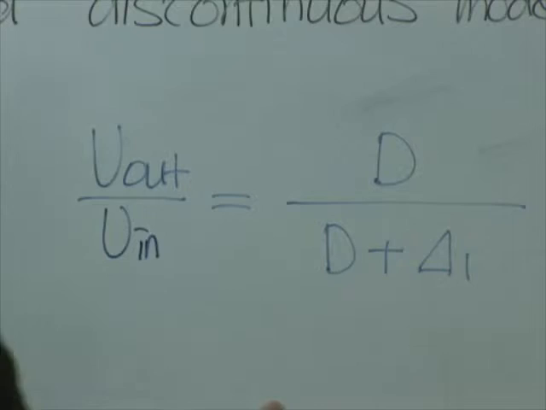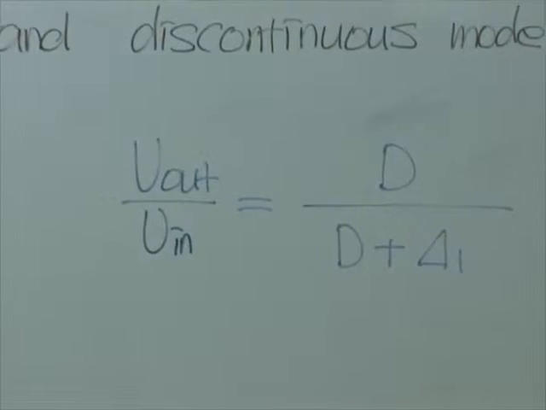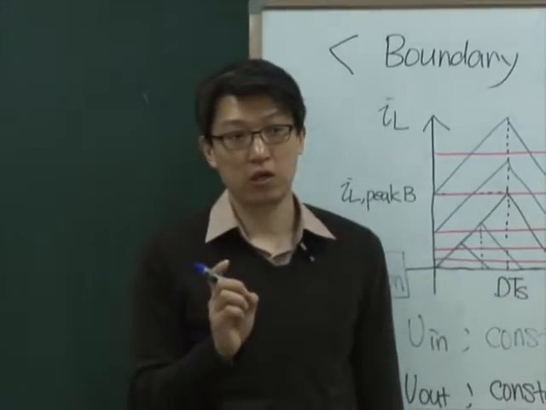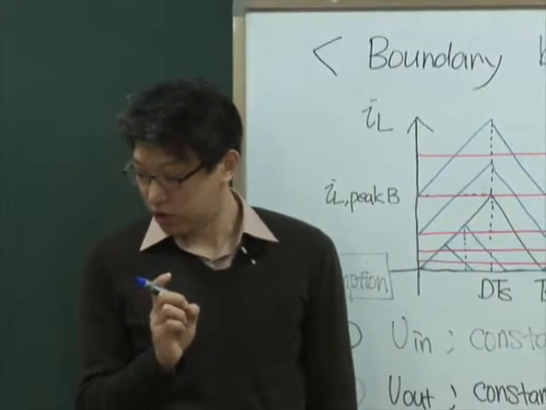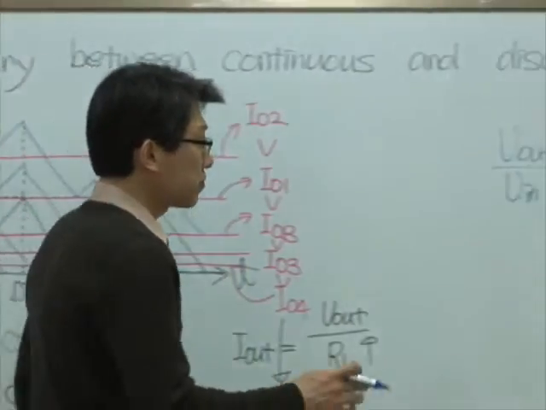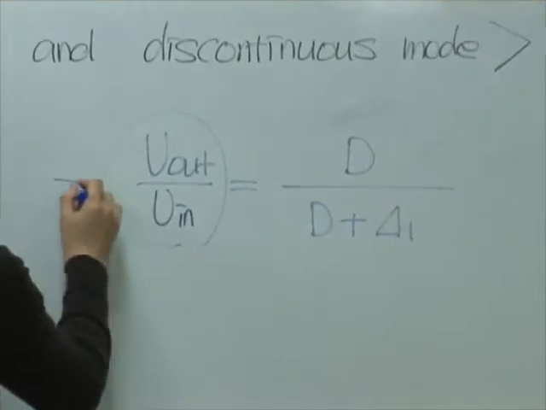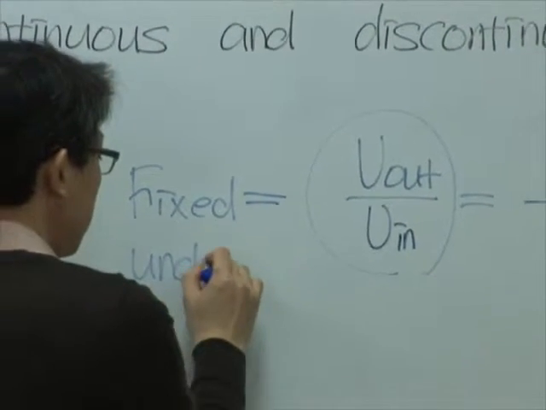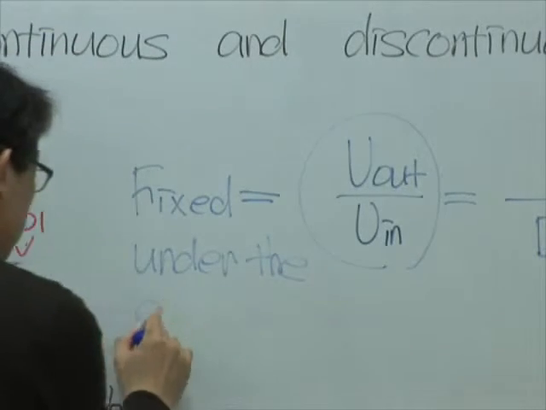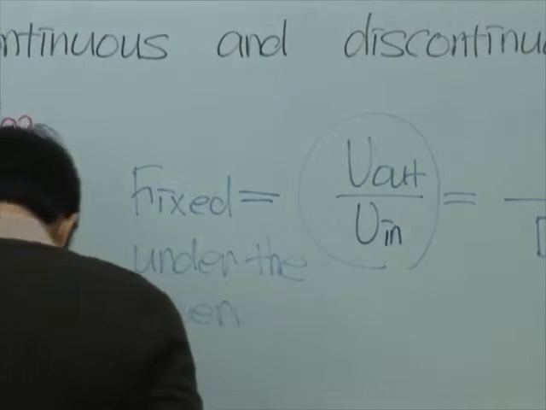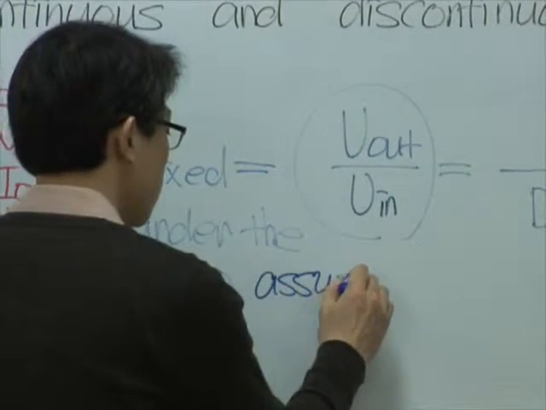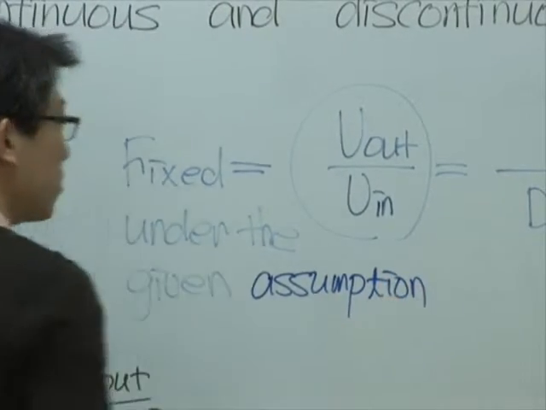Delta 1 is the ratio of off mode during the discontinuous conduction mode. Okay? So, this is fixed in this case, under the given assumptions. Okay, so this is fixed.